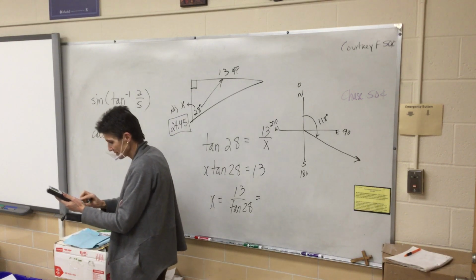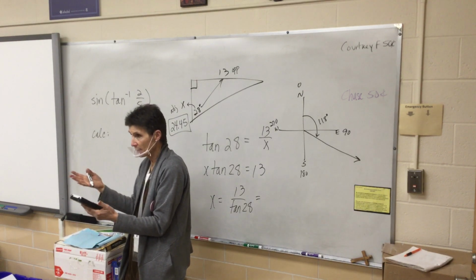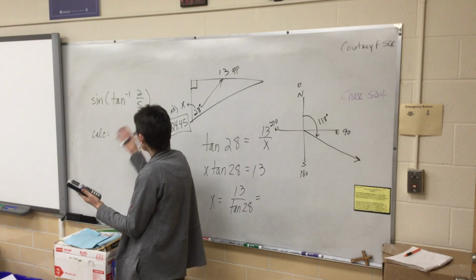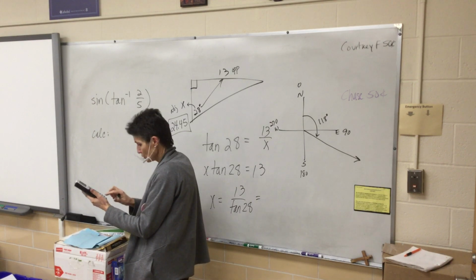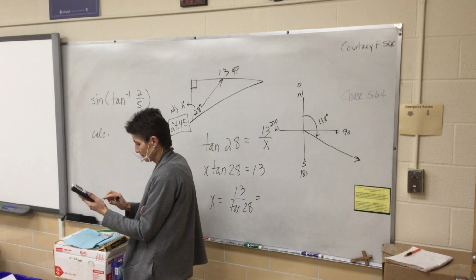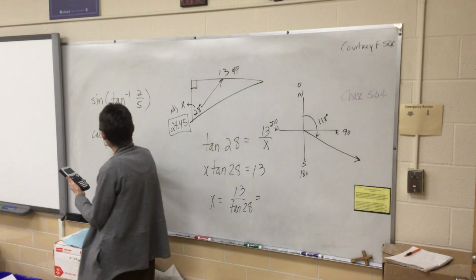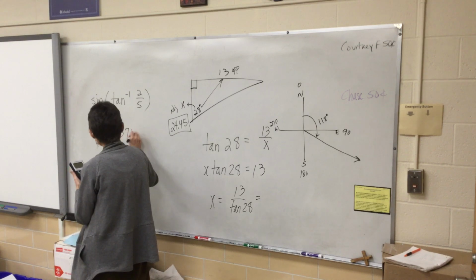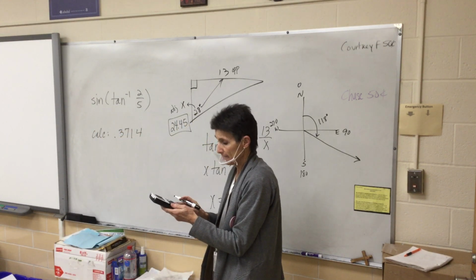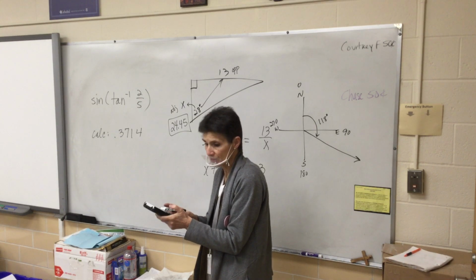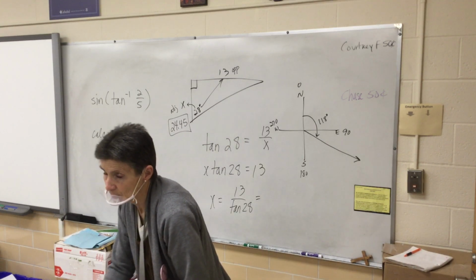As soon as you hit sine, parentheses come up. So sine, secant, tangent, 2 divided by 5. And the calculator answer is 0.3714. That's the decimal answer.